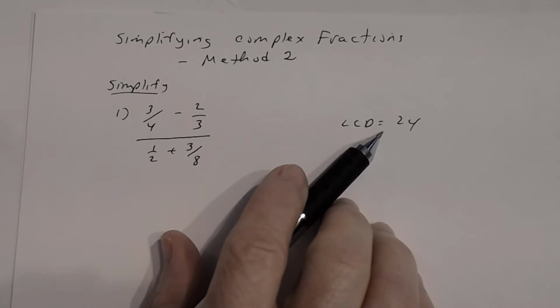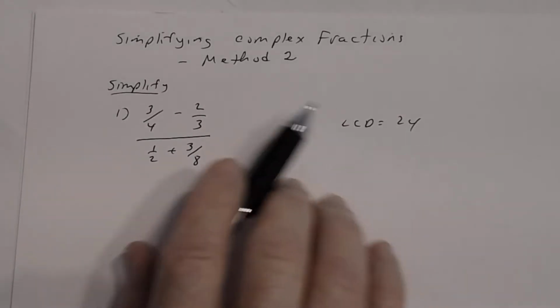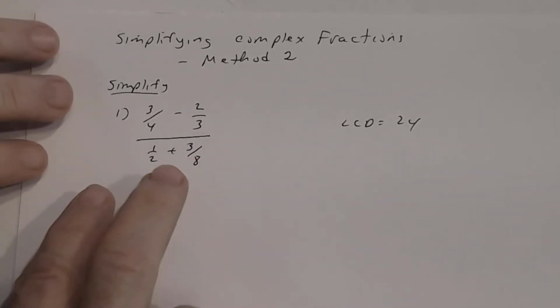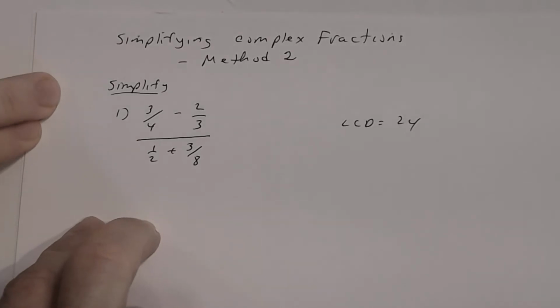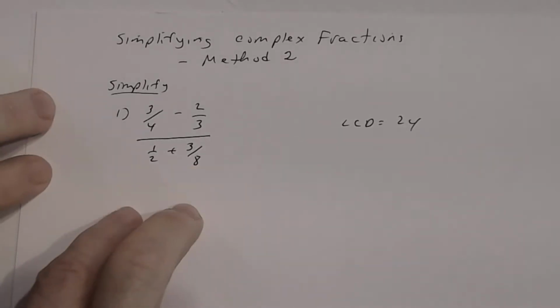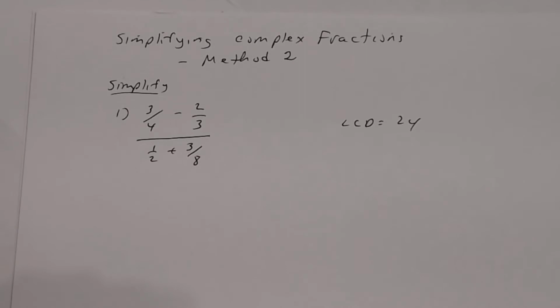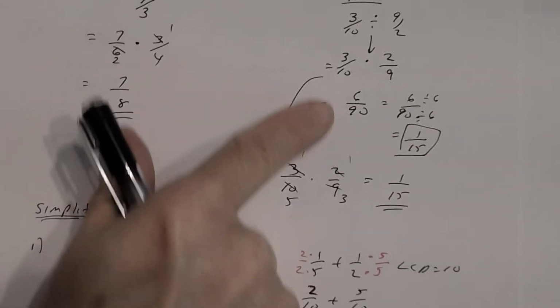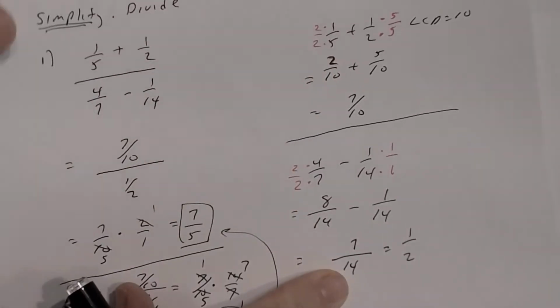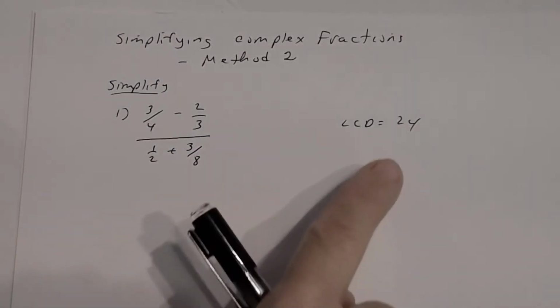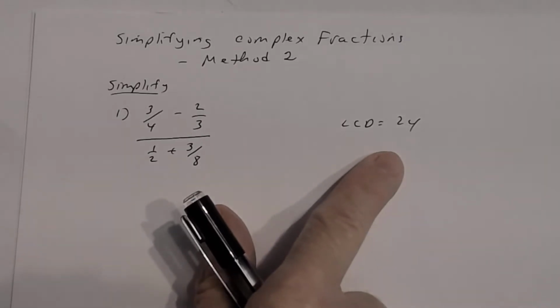Once you find your LCD, I'm going to say this: method 2 works easier for some problems, and method 1 works easier for others. But method 2 saves you quite a bit of the work here. Remember, we had to go off to the side and figure out all this work in method 1. Notice what happens with method 2. That was step 1.